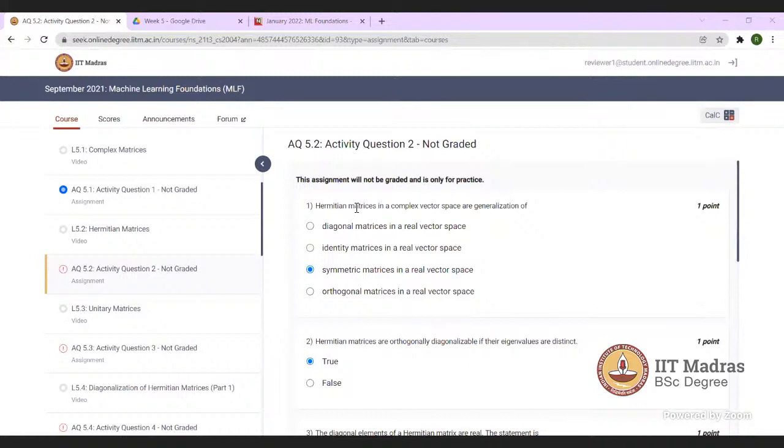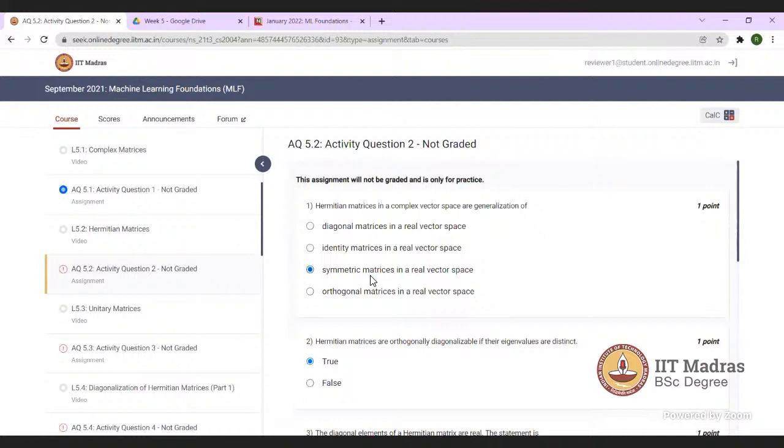Okay, so the Hermitian matrix in a complex space is a generalization of what in a real vector space? What is the answer for this? It's obviously symmetric, right? Because as we talked about, the conjugate transpose should be the same as the original matrix.